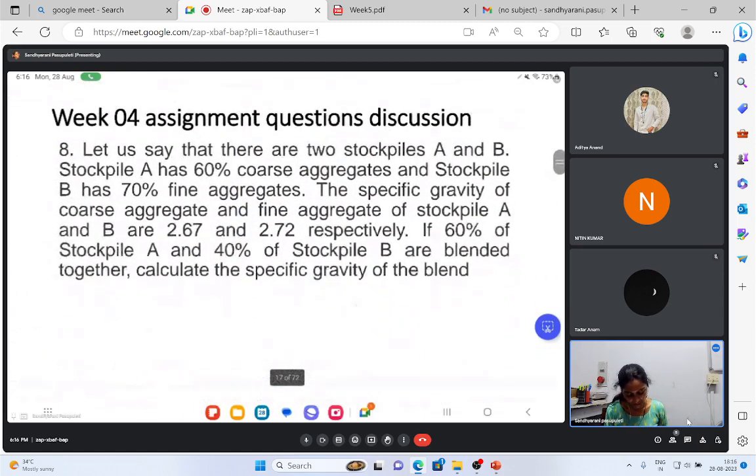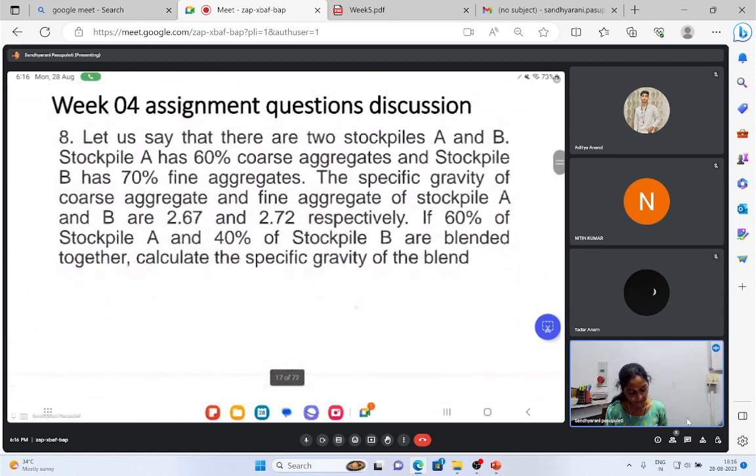Let us see this eighth question. Let us say that there are two stockpiles A and B, and it has been told that stockpile A has 60% coarse aggregates and stockpile B has 70% fine aggregates. By looking at this information, you might readily want to calculate the specific gravity of stockpiles A and B. But let us continue reading the question.